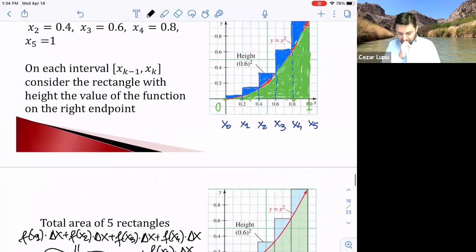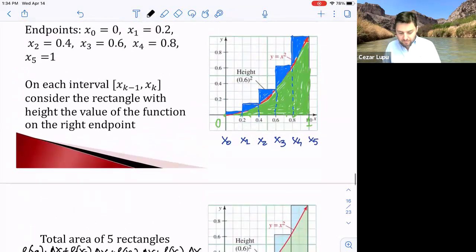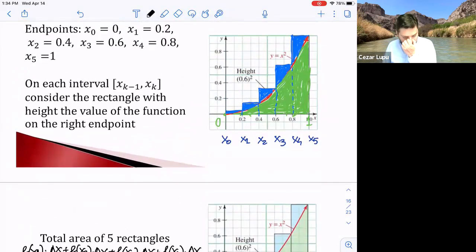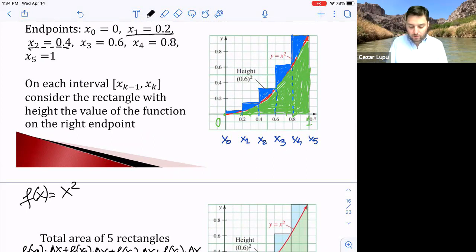Because we said, keep in mind that f of x is x squared. And x1 is what? You see it here, x1 is 0.2, x2 is 0.4, then x3 is 0.6, then this guy is 0.8, and this guy is 1.